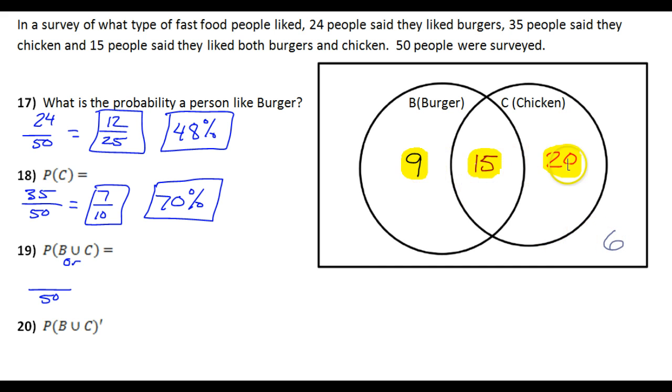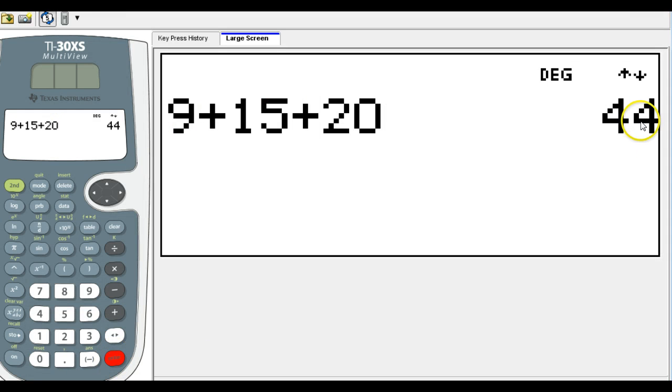So if I add up all of these numbers, notice that I'm not just adding 24 plus 35, which is a common mistake. Because if you did that, the 24 is including the 15, and the 35 is also including the 15. So you'd be counting the 15 twice, and you're not allowed to do that. So you only want to count the 15 once. So it's 9 plus 15 plus 20. That's the 44 people we discussed before.